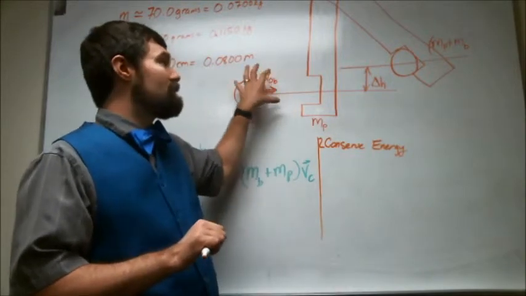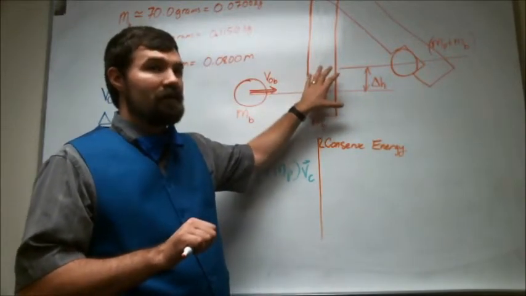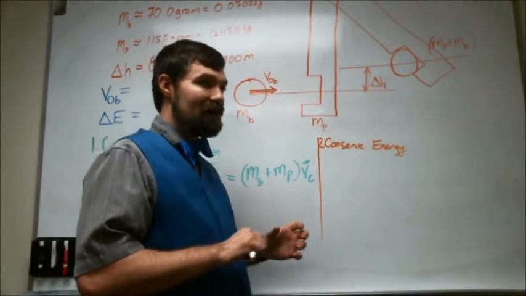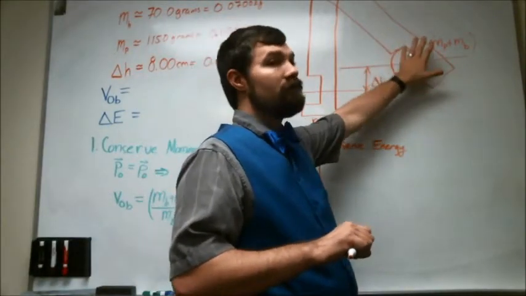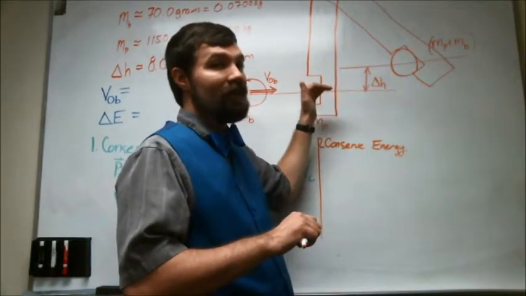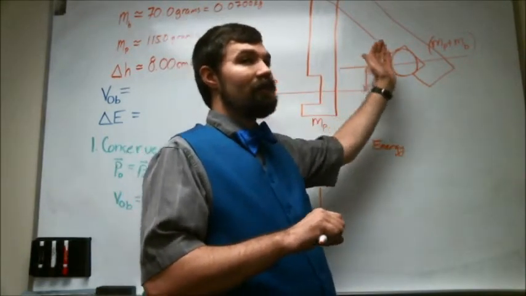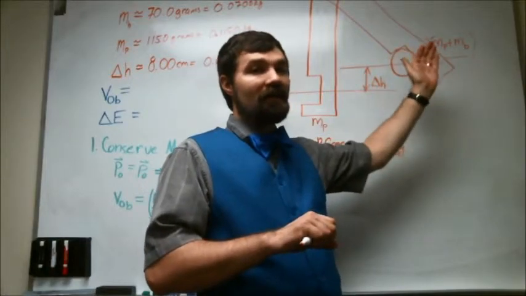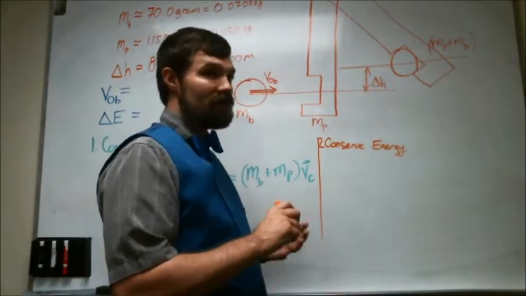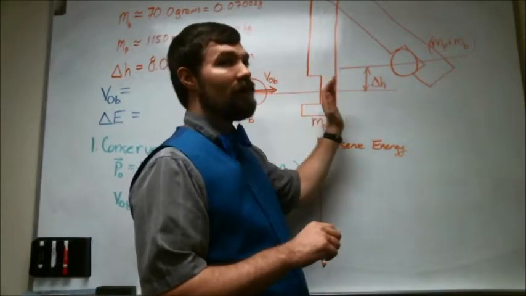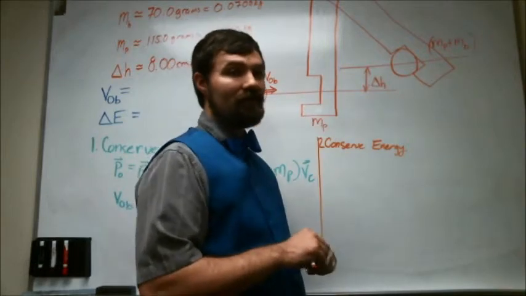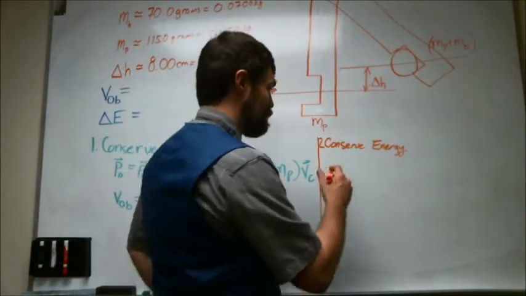But as soon as the ball has collided with the pendulum, I have some initial kinetic energy, and that has to be equal to the final potential energy of the system, because initially it's at its lowest height but fastest speed, and finally it's at its highest height and zero speed. Energy is conserved after the collision while it's swinging. It's only during the collision that we're really losing energy.